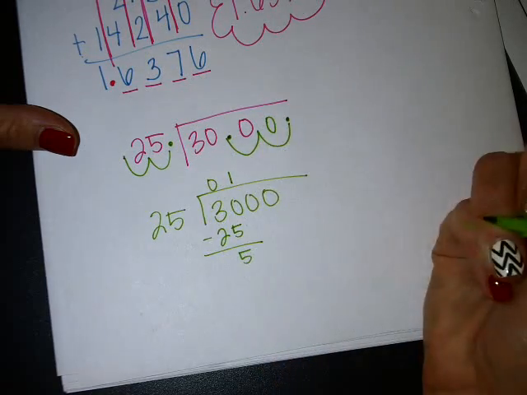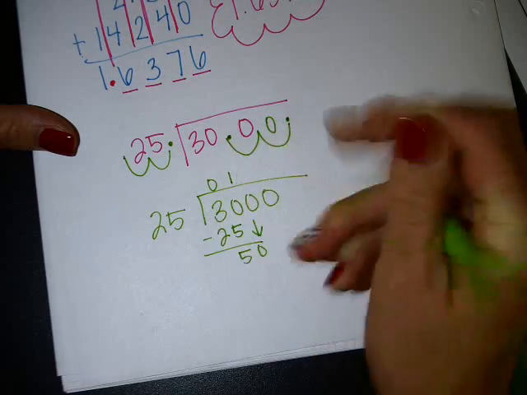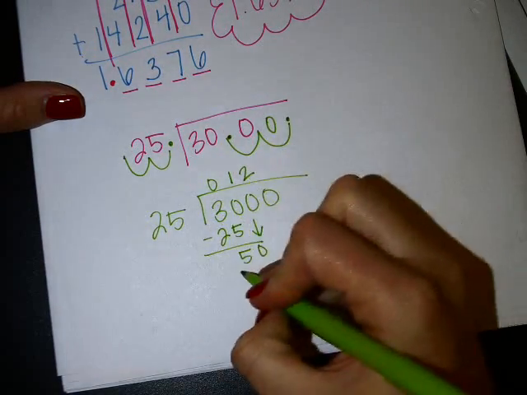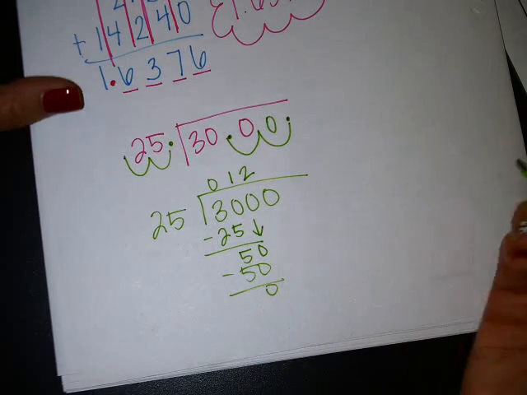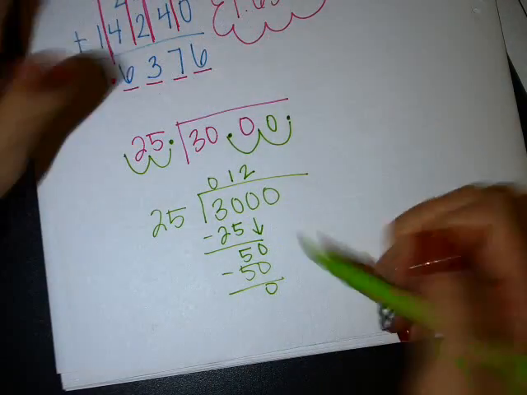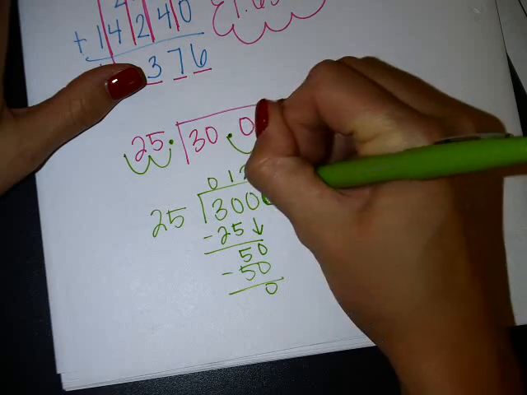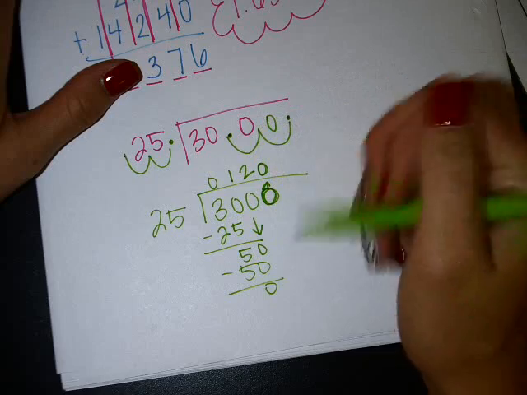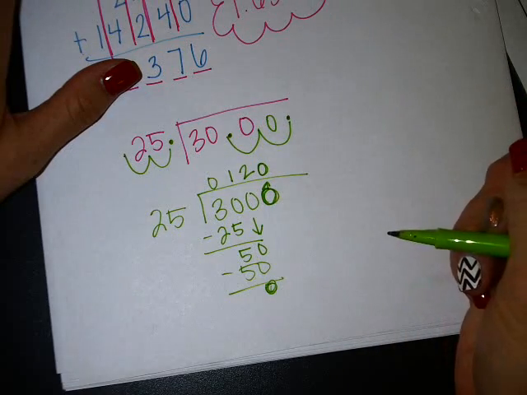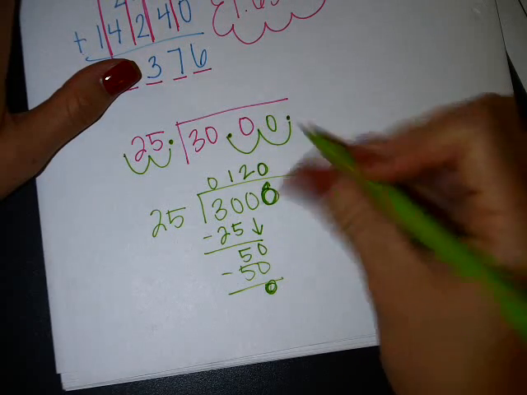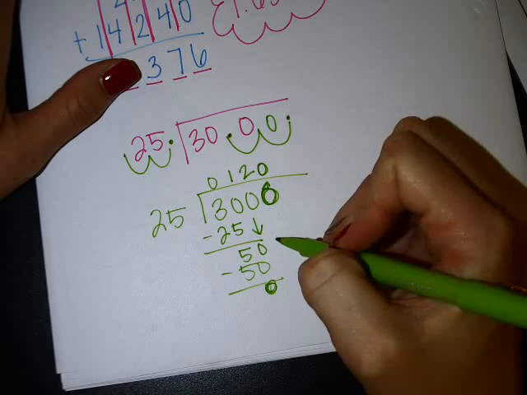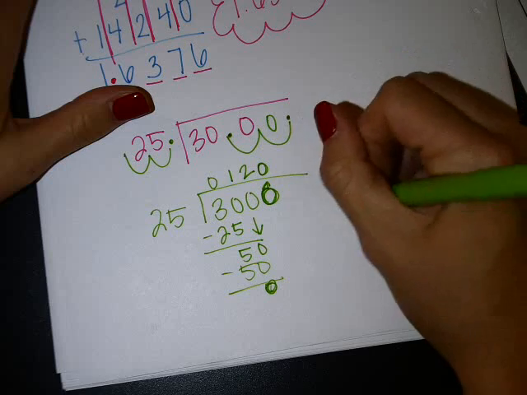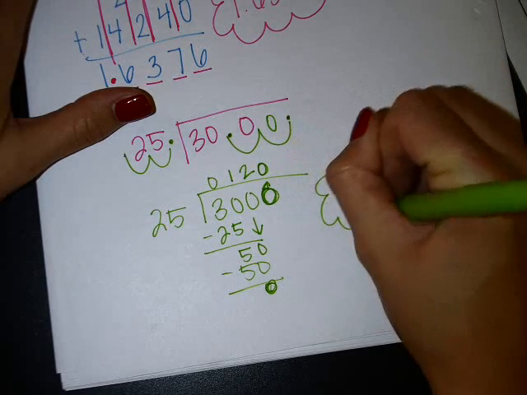The remainder of 5, drop down a 0. 25 can go into 50 exactly twice. 25 times 2 is 50. So I have no remainder. Here's the thing, my answer is not 12. I still have this 0, so it just needs to go up. Anytime you've got those extra zeros, if you've gotten rid of your remainders at a 0, but you have zeros left out here, just write them up above. We don't waste them. So the answer for this one would be 120.